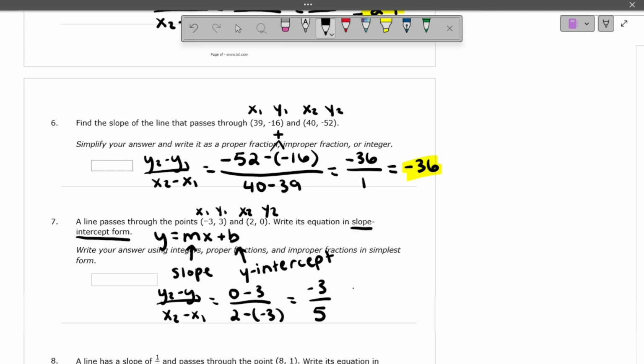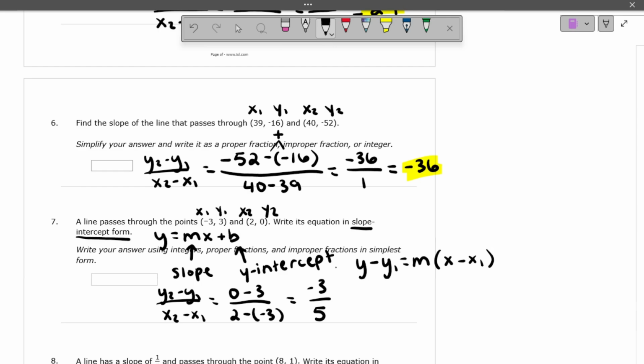And our y-intercept, we don't know that yet. We're just given 2 points, and none of these seem to be our y-intercept, so let's go ahead and figure that out. How do we figure that out? Well, we know slope, we know points, which means we can plug that into our point slope form, which is y minus y1 equals m times x minus x1.